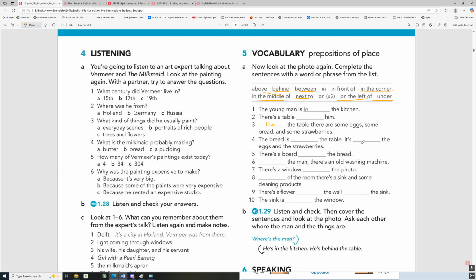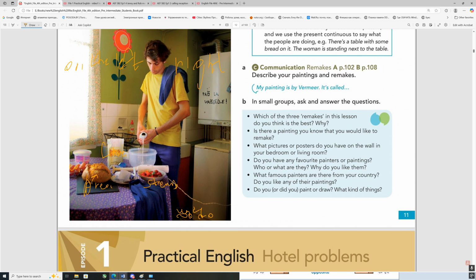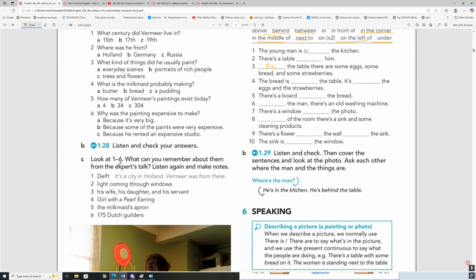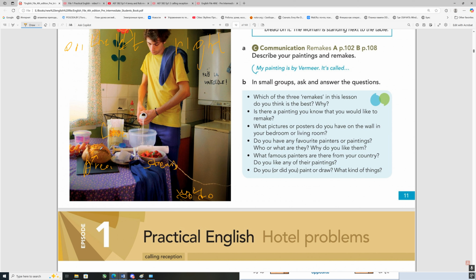In. Okay, there is a bread in the, oh, wait, in the table, inside the table.